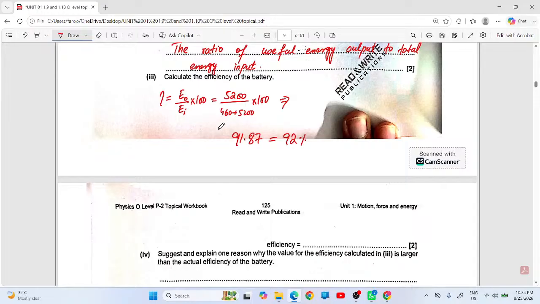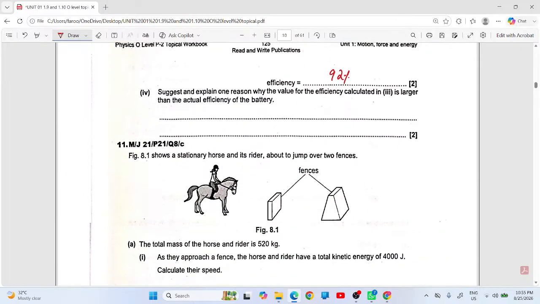Total energy input is, क्योंकि उसको चलाने के लिए तो 5200 चाहिए और some energy is lost in the form of heat energy, so total energy input is 460 plus 5200 and output is just 5200. Some 460 is lost as heat energy, so 92% is the efficiency.